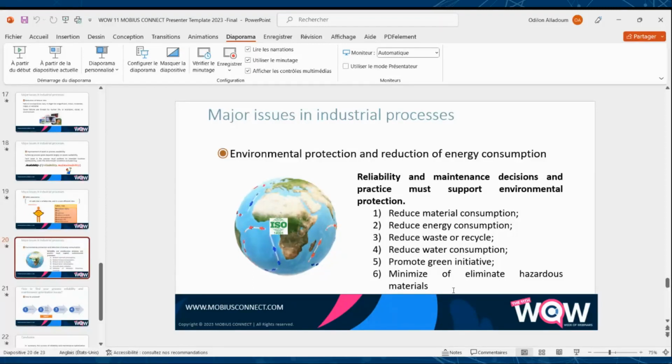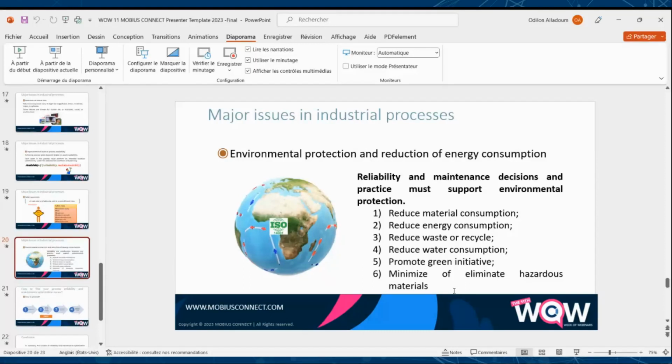There are some standards that can help us to broaden the understanding of these subjects and define an adequate reliability and maintenance strategy to address environmental protection and energy management challenges.